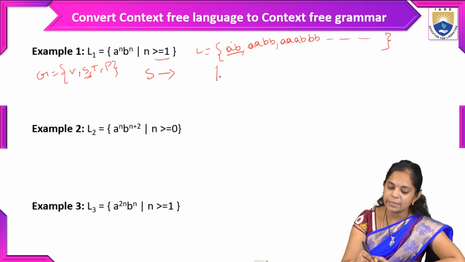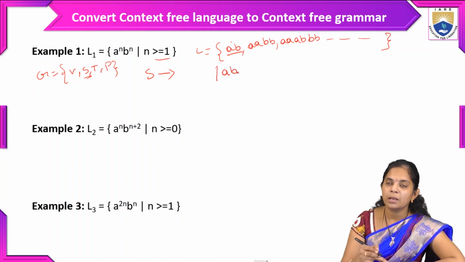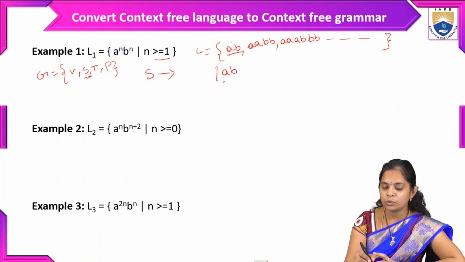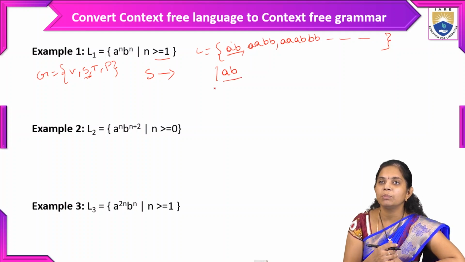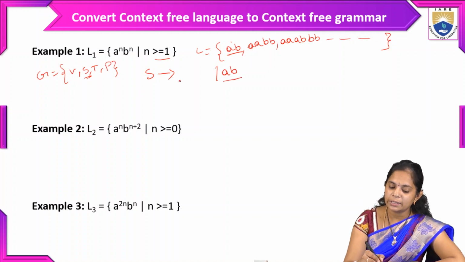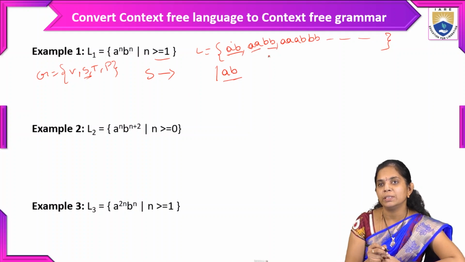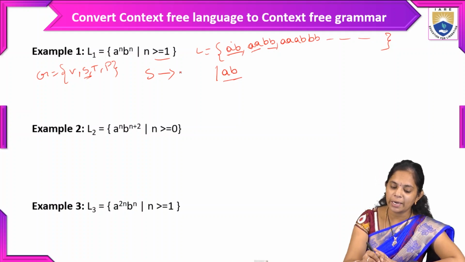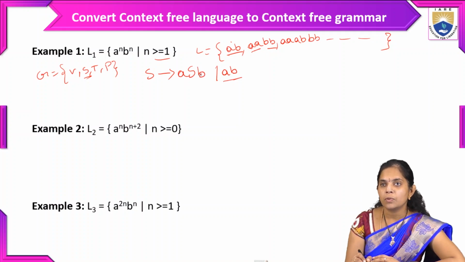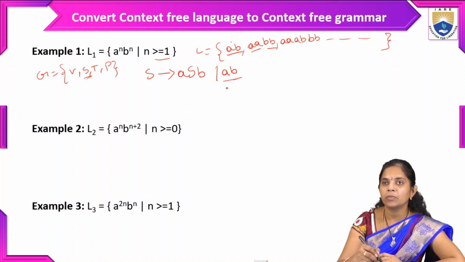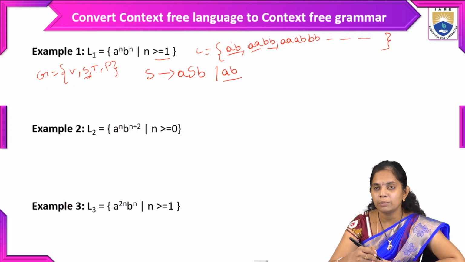And second, a number of A's followed by a number of B's, which we can write as A S B. So this is the grammar we have written for a power n and b power n.